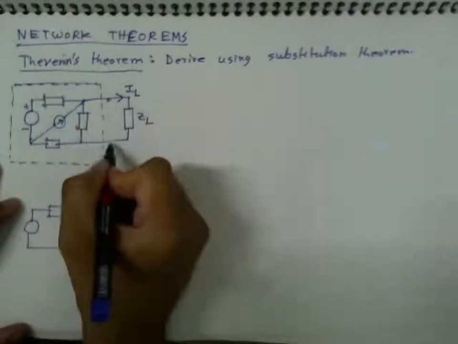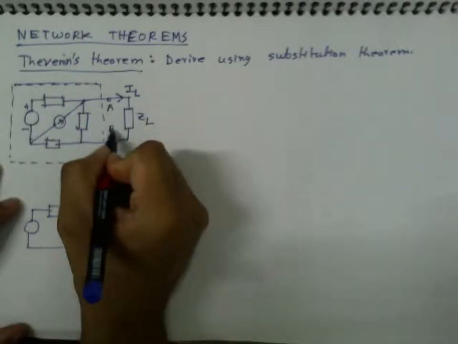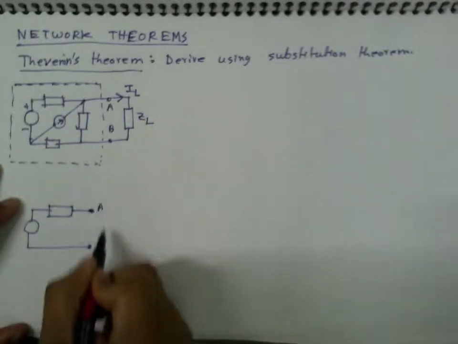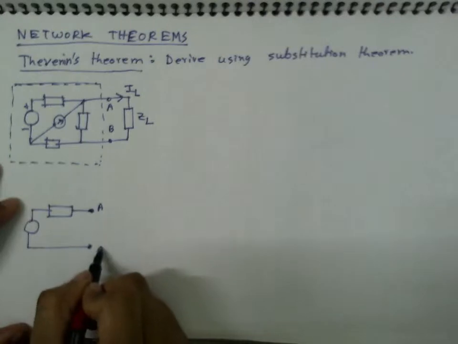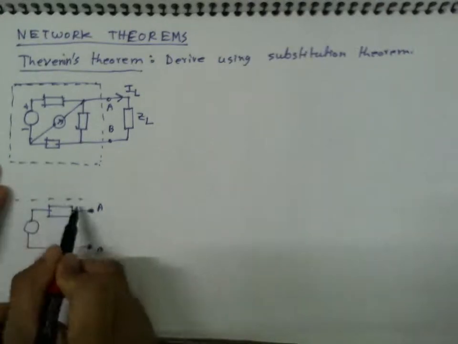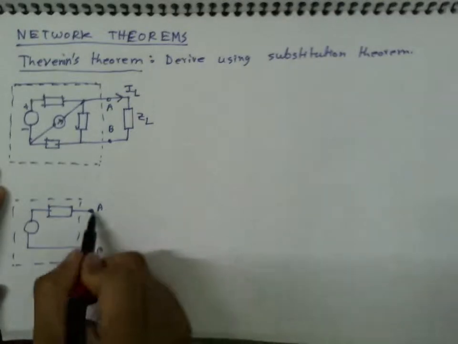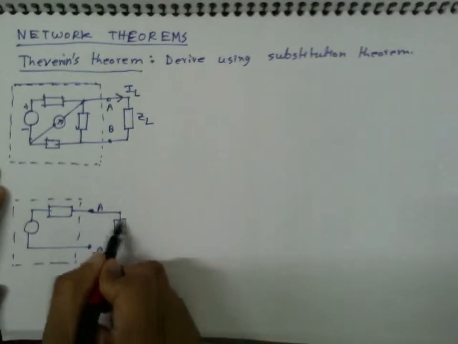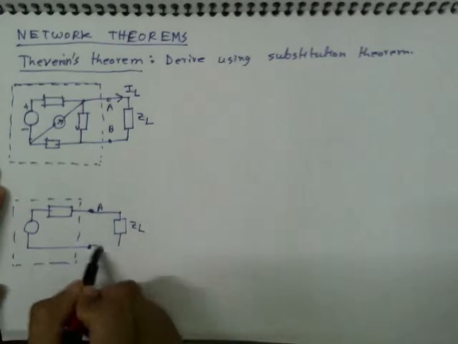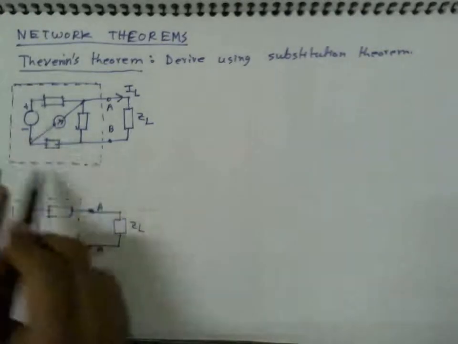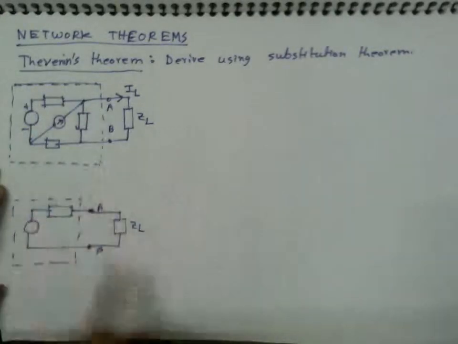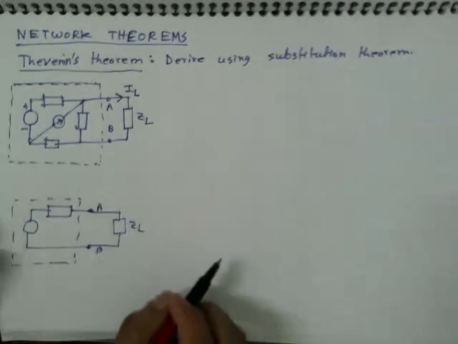If I call these terminals A and B, then I connect the ZL, which is outside this box, as before.